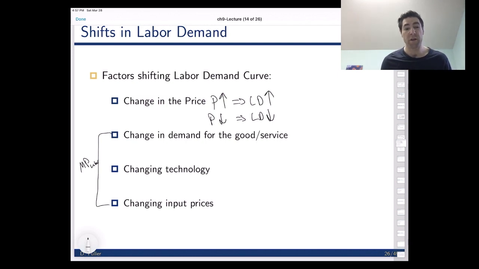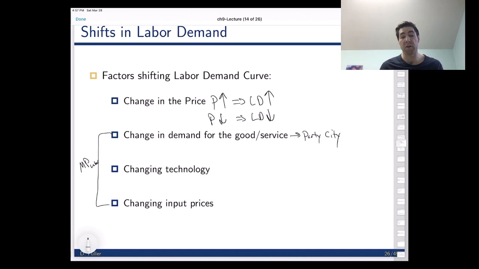So a change in the demand for the good or service. If you take an example, think of Party City. What does Party City produce? Well, they have a bunch of supplies and things that you can go and buy if you want to have a big party.